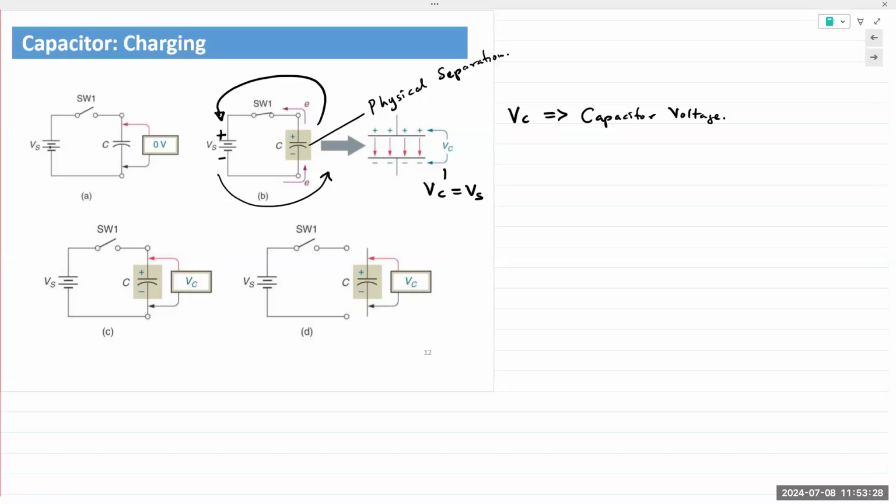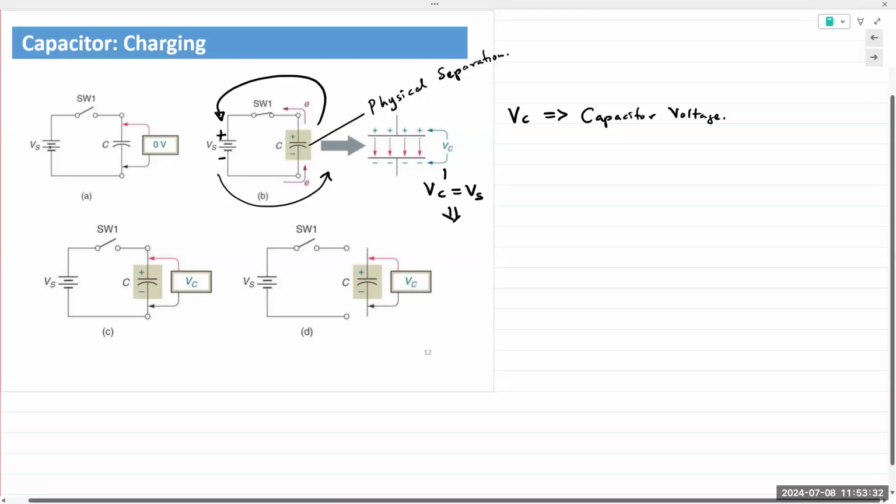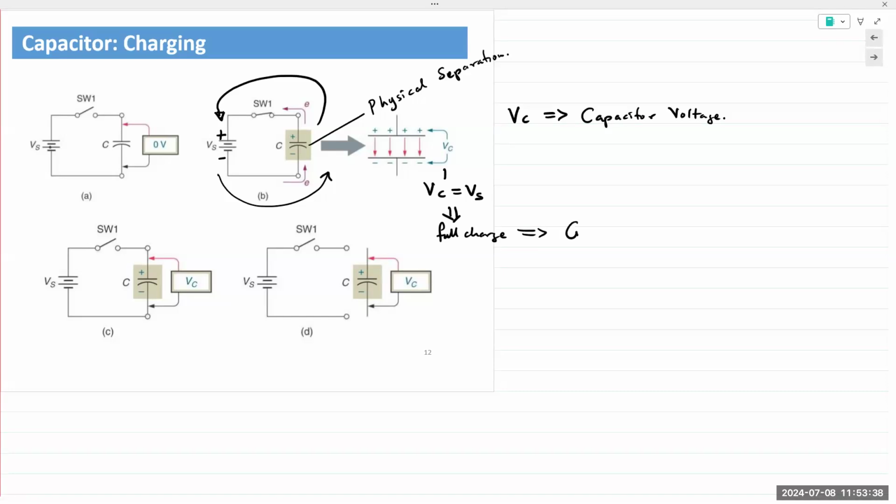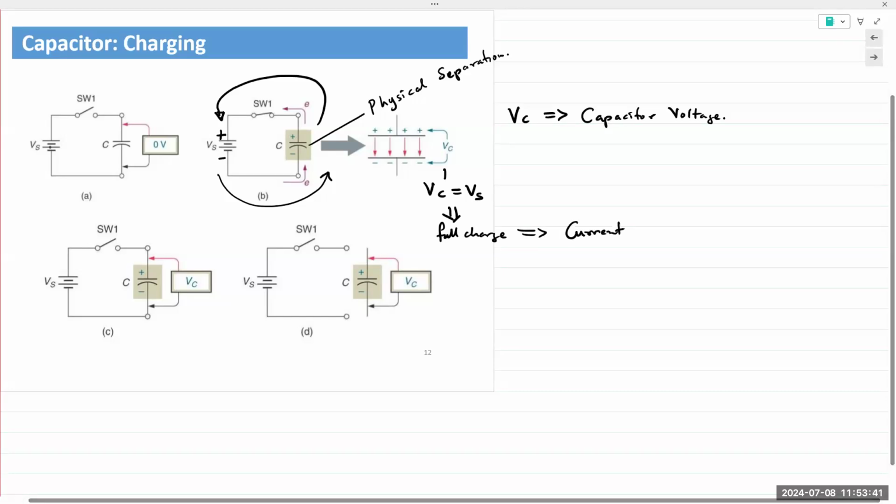The electrons stop moving. Once they stop moving, we say that it has reached full charge. And because the electrons stop flowing, current is equal to 0.